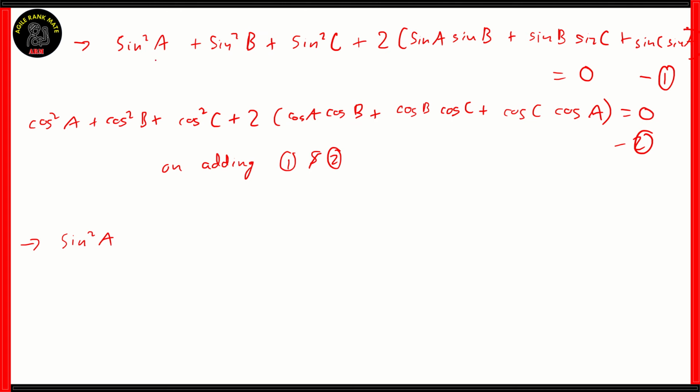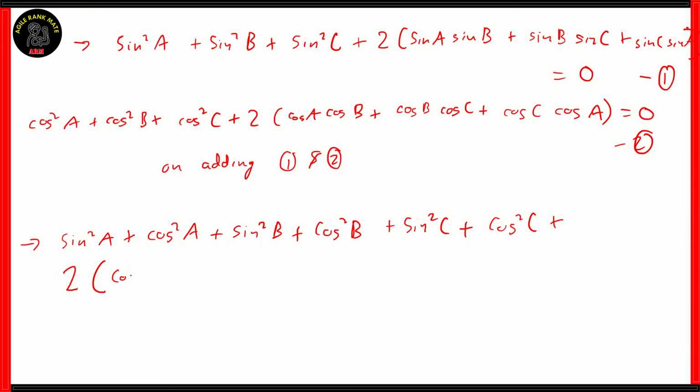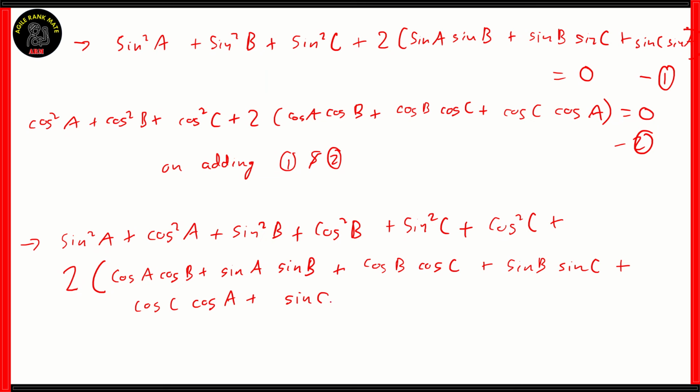sine squared A plus cos squared A plus sine squared B plus cos squared B, we're just grouping the similar terms together, plus sine squared C plus cos squared C plus 2 times, we're going to take the 2 as common, so what we get is (cos A cos B plus sin A sin B) plus (cos B cos C plus sin B sin C) plus (cos C cos A plus sin C sin A).